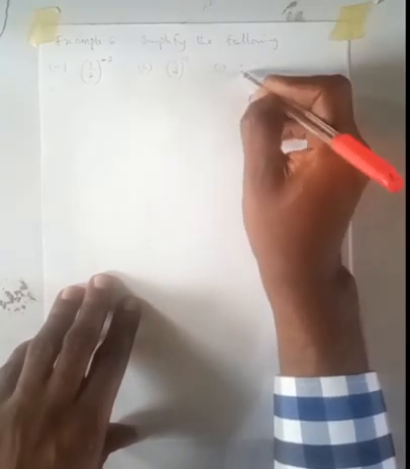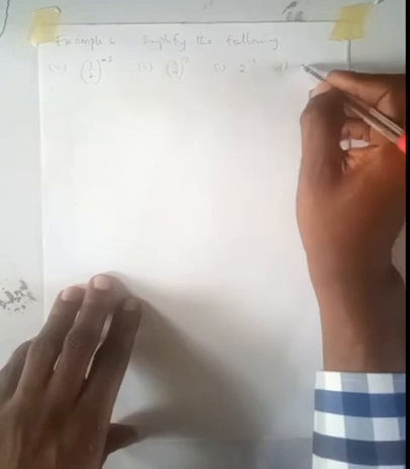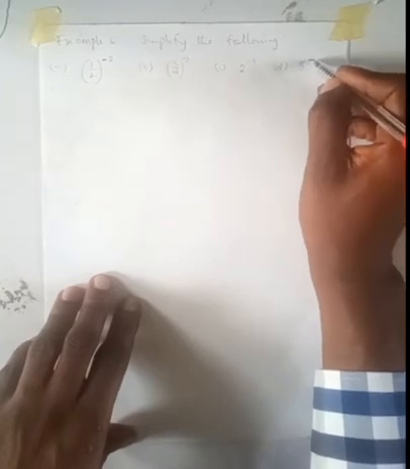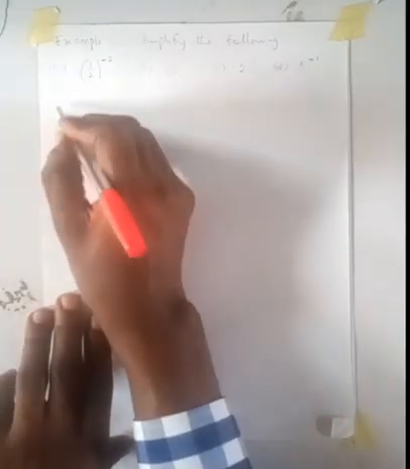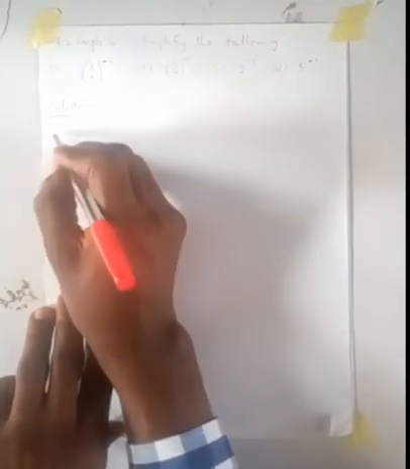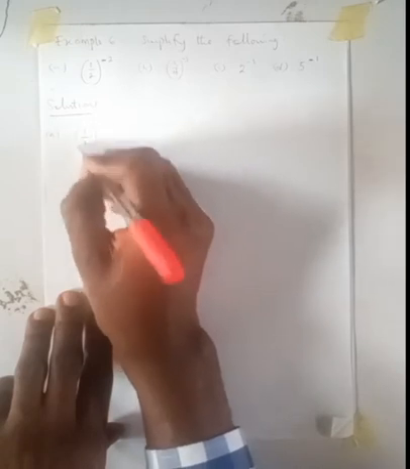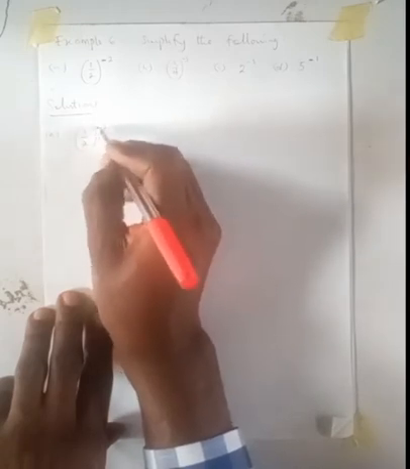C, 2 raised to power minus 3. D, 5 raised to power minus 1. So solutions. Number A, I have 1 over 2 raised to power minus 2.